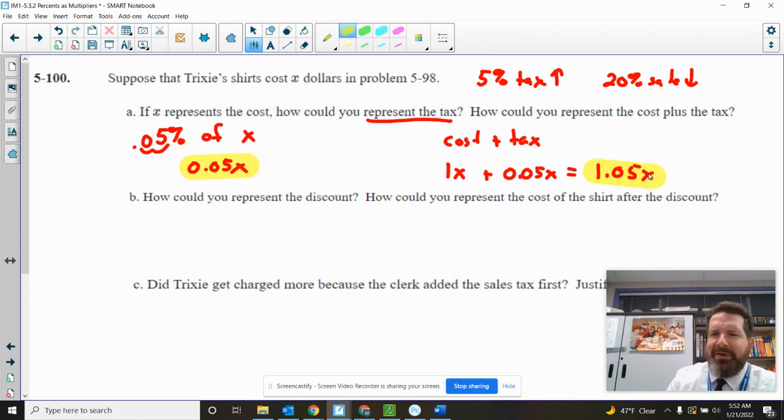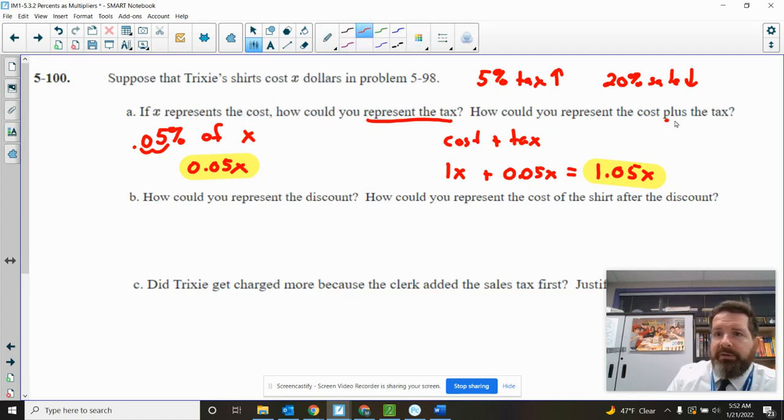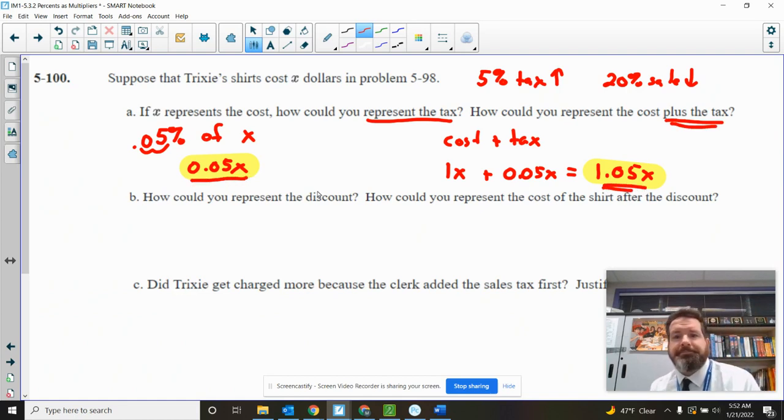We've talked several times now about how when you increase something by a percent, you add on that percent as a decimal and turn it into a multiplier, just like that. So there's just the tax. Here's the cost plus the tax. So let's do a double underline on this, and a single underline on that.